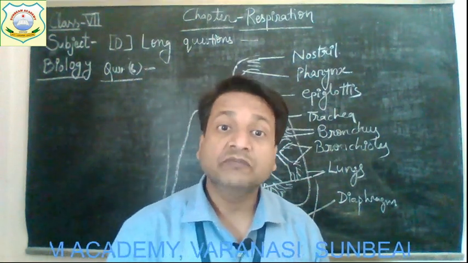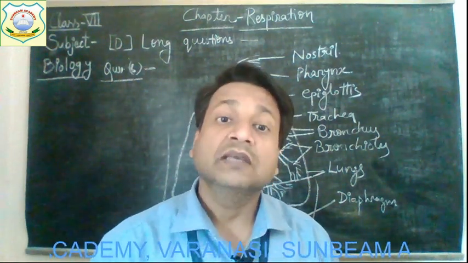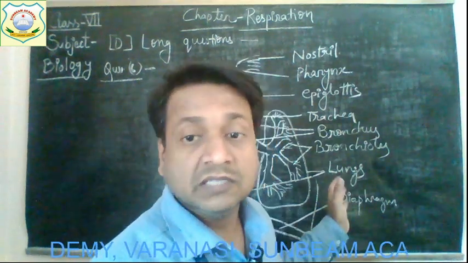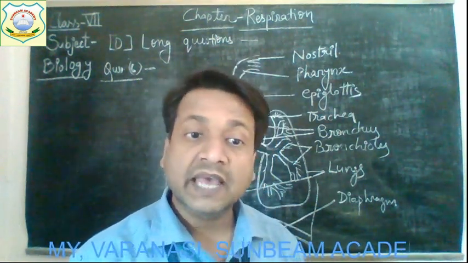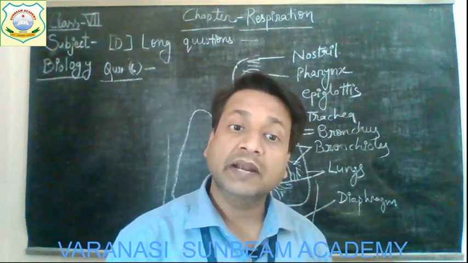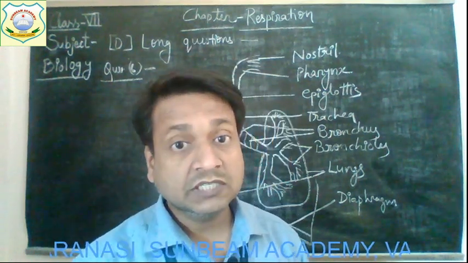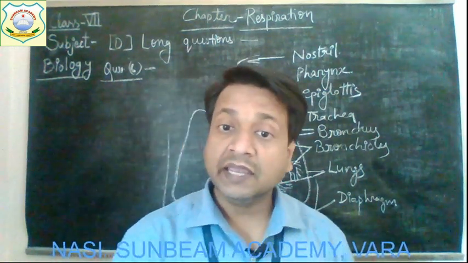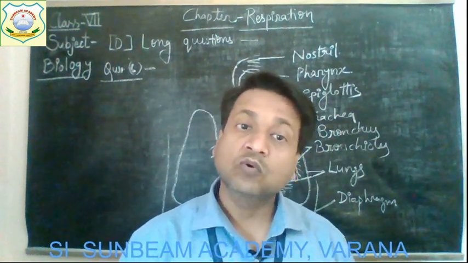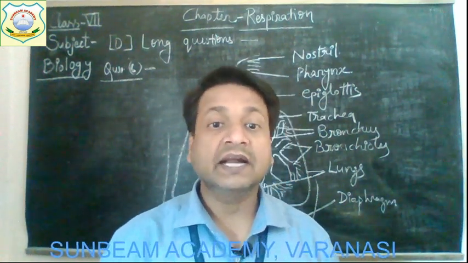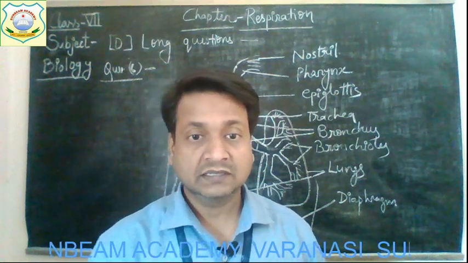The air which we breathe in eventually reaches these air sacs, and the sacs are surrounded by blood vessels. The oxygen present in the air we breathe in goes into the blood contained in blood vessels. Get it?